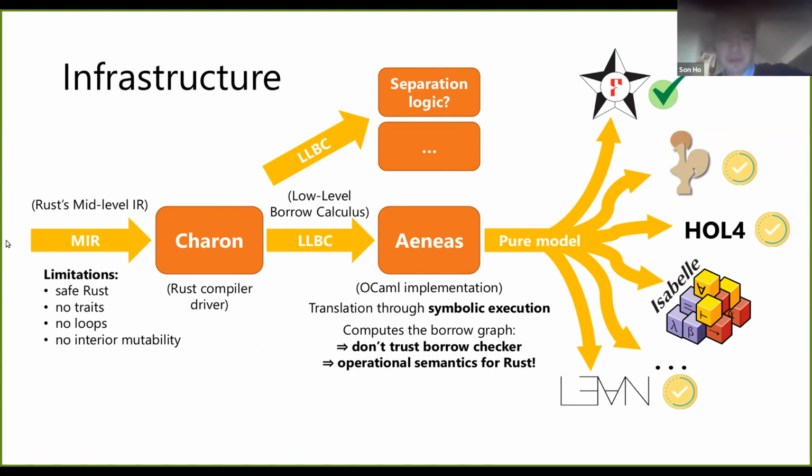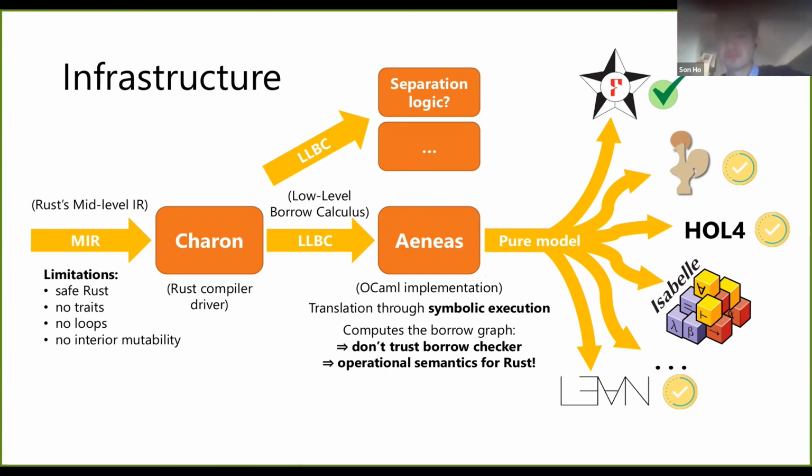Now, stepping back a bit, something important to mention about this framework is that it is really not in itself a verification framework. That is to say, Aeneas is not something to which you give a program, push a button, and it tells you everything's fine or there is a problem. It's really a generic compiler pipeline. You give it a Rust program and it compiles it to a pure model.